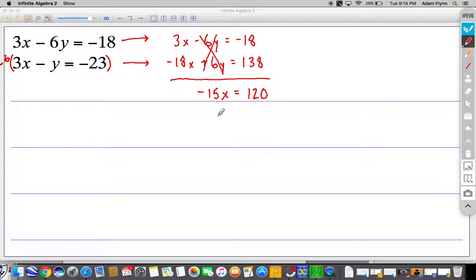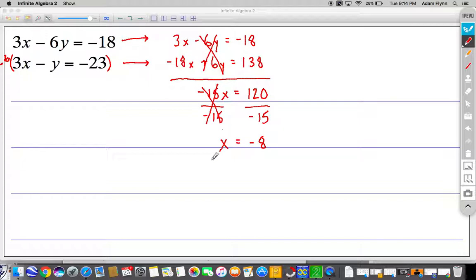Okay, so if I divide both sides by negative 15, negative 15's cancel on the left side, so I'm left with just x. And 120 divided by negative 15 is going to be negative 8.